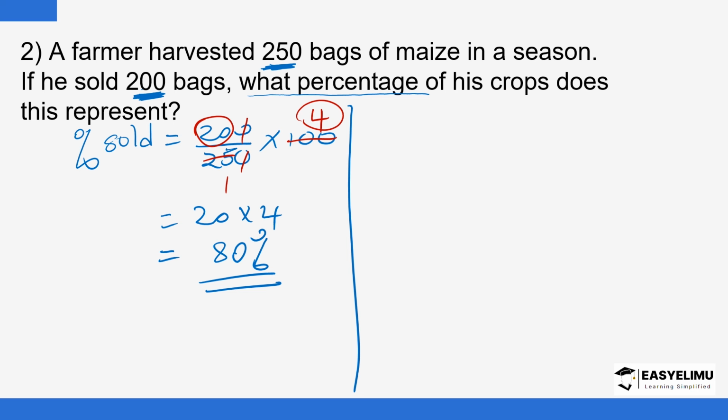So what is the reduction? We can talk of percentage decrease, which is not really asked in the question, but supposedly if you wanted to find the percentage decrease, then it is going to be this.